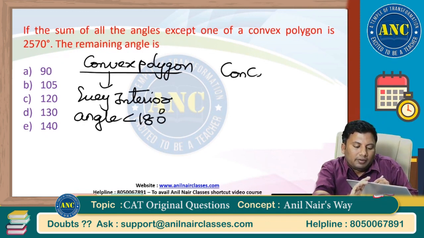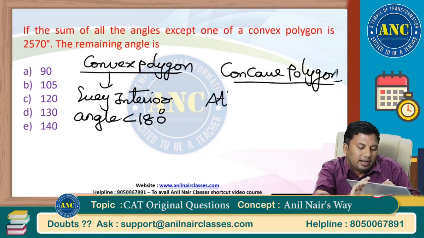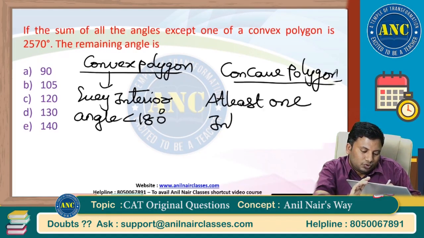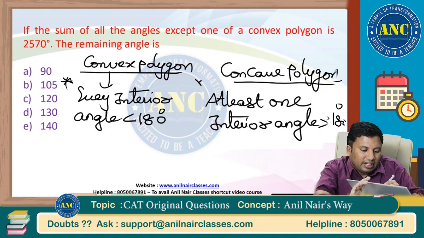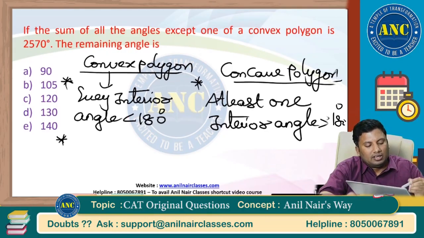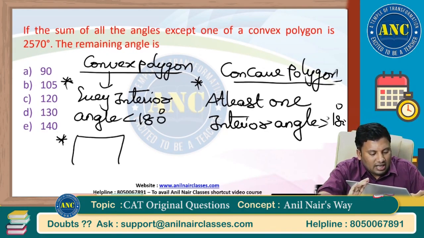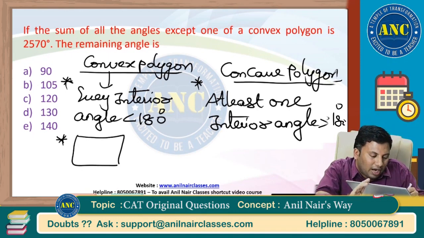Concave polygon: at least one interior angle is greater than 180 degrees. This is the textbook definition. If diagrams are given, suppose this is a polygon and he is asking whether it is convex or concave.